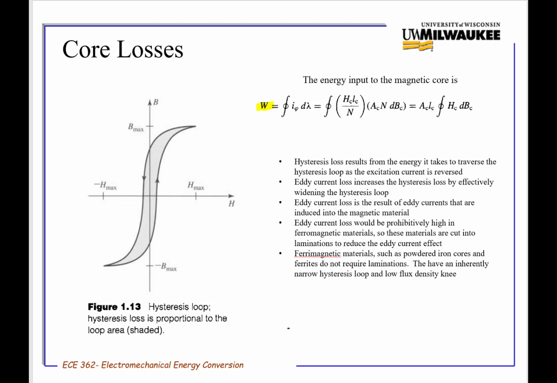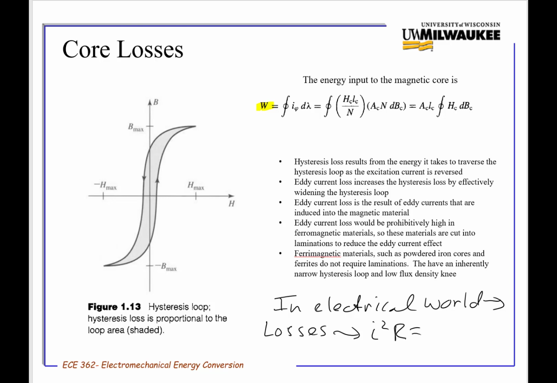And most of you know in the electrical world, you have losses, right? When we say losses, we mean stuff that you can't use, but it's making heat. For example, you have I squared R loss, right? And that's a power. We also would think of losses in terms of a power as being equal to a voltage times a current.